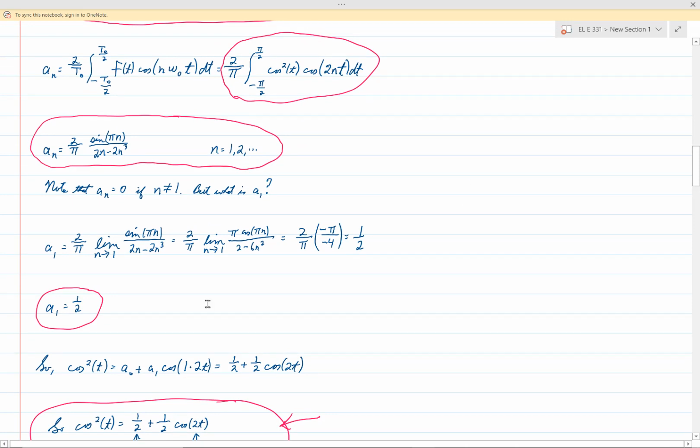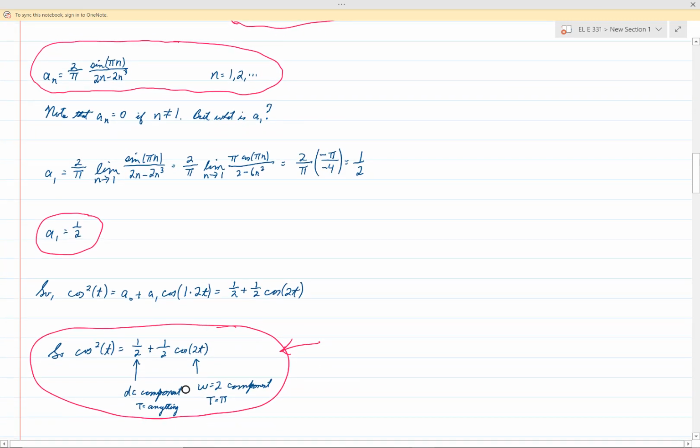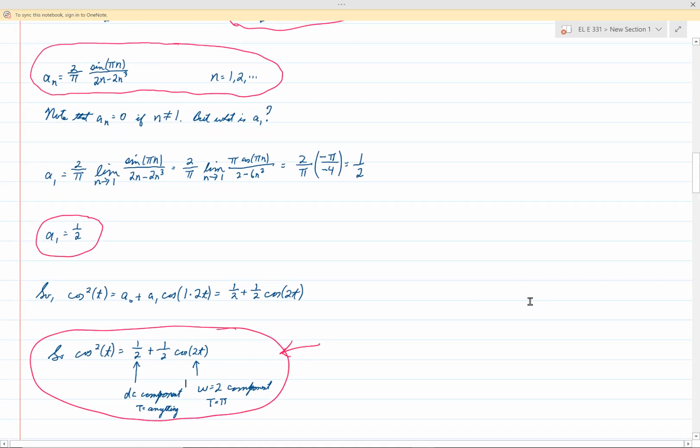When we take all of that into account, we get cosine squared t is equal to a0 plus a1 cosine of 1 omega naught t, so that's cosine 2t. So we get 1/2 plus 1/2 cosine 2t, which is exactly the same result that we obtained above using an entirely different approach.